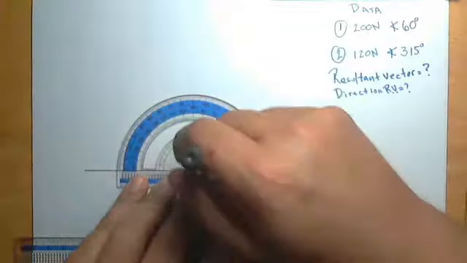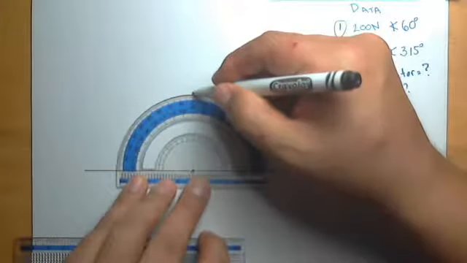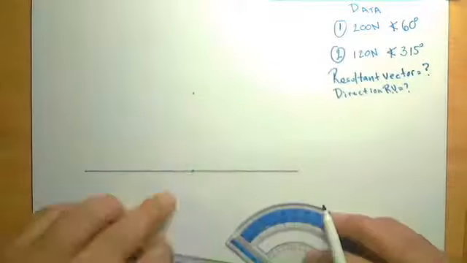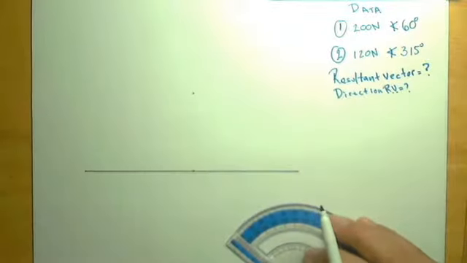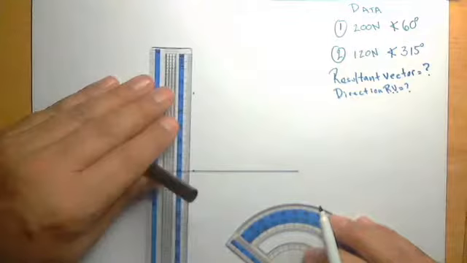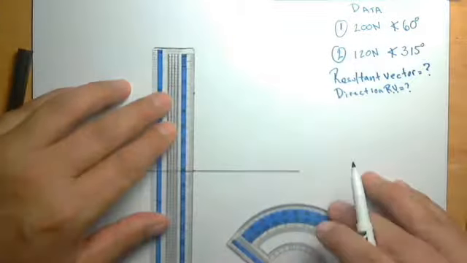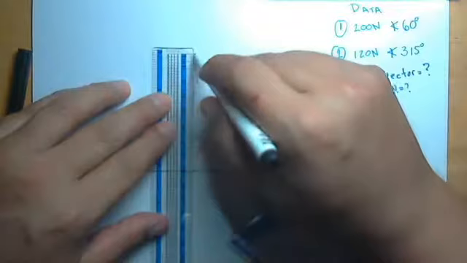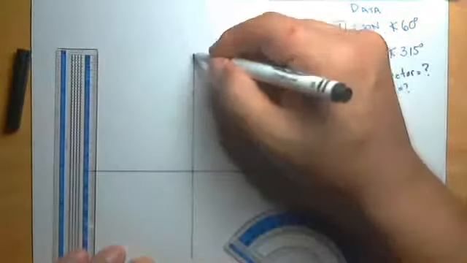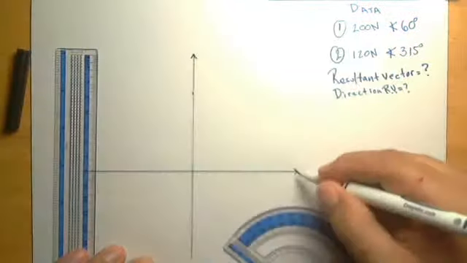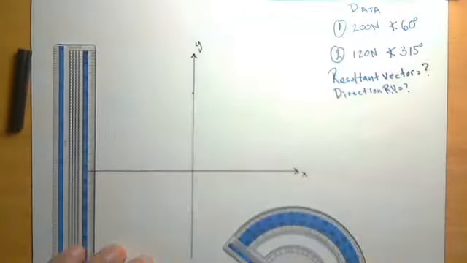So I'm just going to put a point there, and I'm going to draw here at 90 degrees, another point. So you see I have a point here and there. Basically what I'm going to do is draw a perpendicular line through this. So I got myself a Cartesian plane, and I have here X and Y.